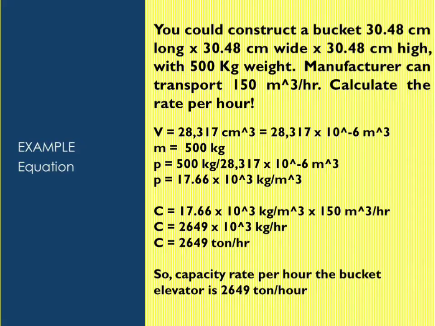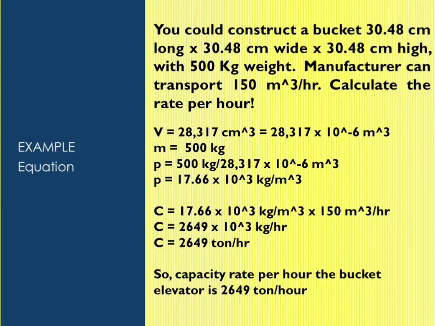For example, you could construct a bucket 30.48 centimeters long, wide, and high, with a 500 kilogram weight. The manufacturer can transport 150 cubic meters per hour. Calculate the rate per hour, or capacity. We get the volume is 28.317 times 10 to the power of minus 3 cubic meters, and then the mass is 500 kilograms.